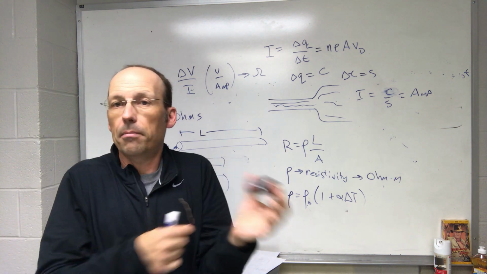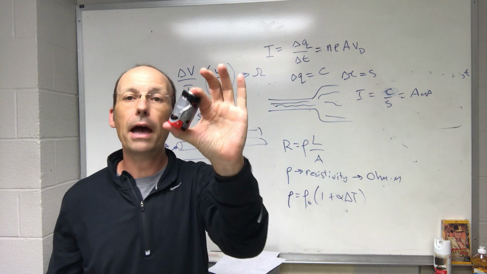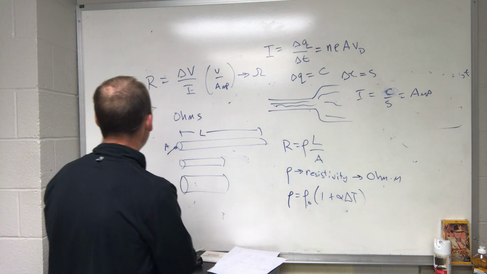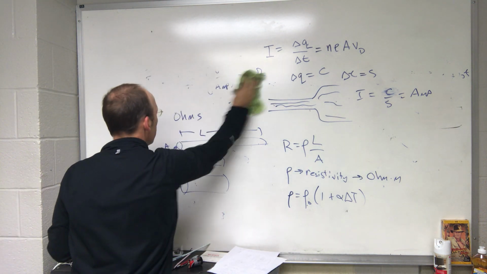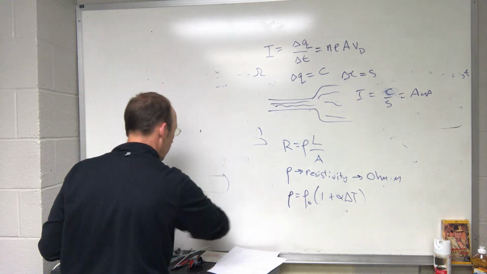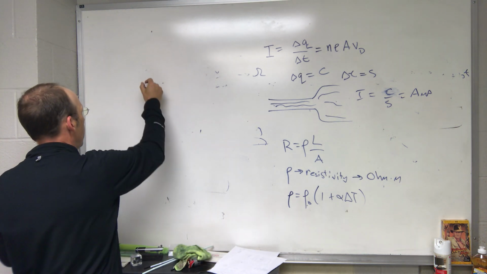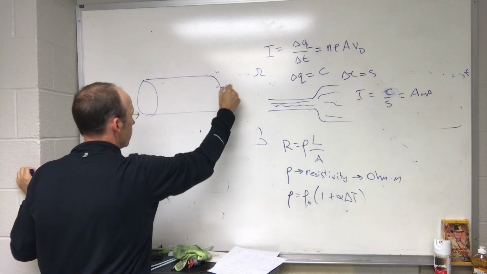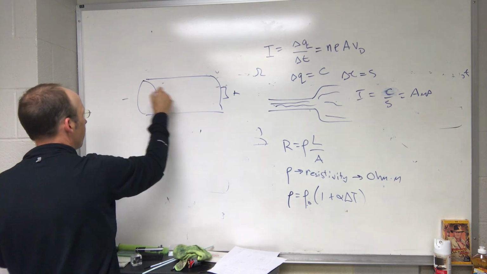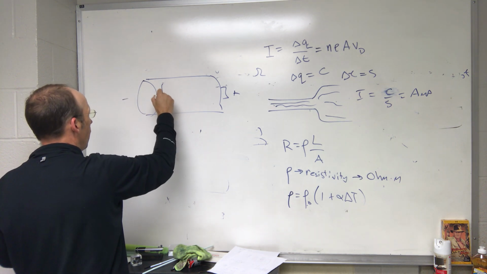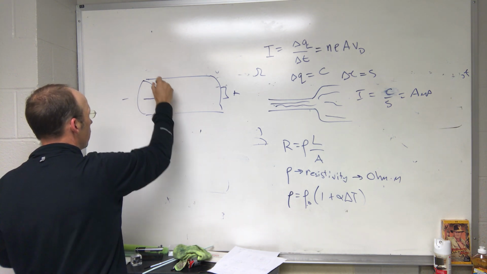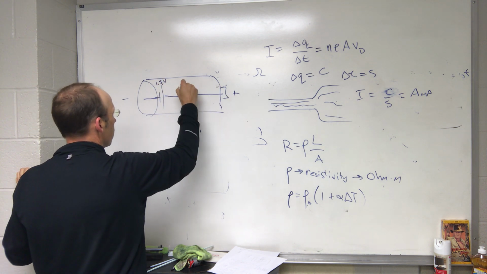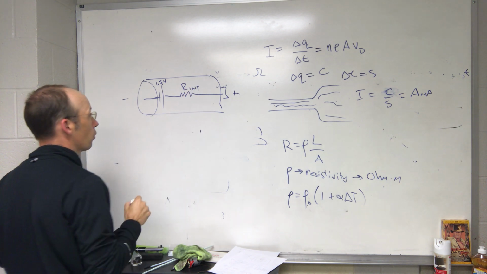Mathematically that doesn't work, because real batteries have something called internal resistance. So if I pretend I have a battery, we could actually model a battery like this. This is the plus side and this is the minus side. Inside we have an actual ideal battery of 1.5 volts, and then we have a resistor called the internal resistance.